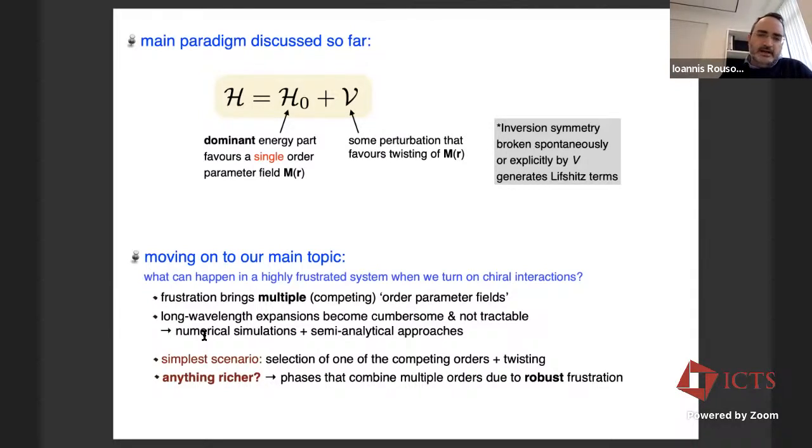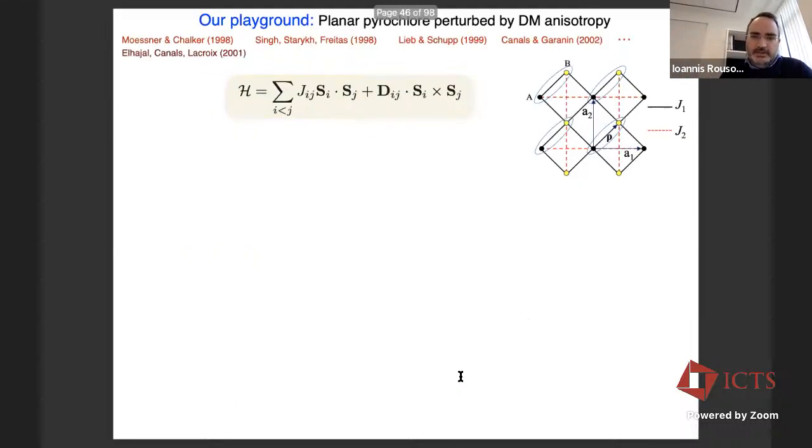But on general grounds, one expects either the simplest scenario where the interaction picks one of the competing orders and favors that one, and then twists it, in which case we end up with something like the previous case. But then there is the other scenario where, for different reasons, the frustration may remain robust, and then you can have phases that combine multiple orders. And then you have some kind of a twisting or a combination of these multiple orders. And that's what I'm going to show.